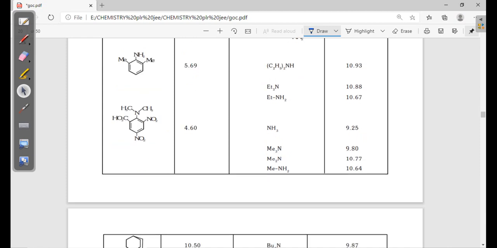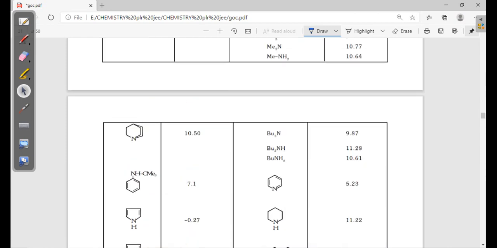Now here are a few examples. Nitrogen is there. This nitrogen is attached to tertiary butyl. Here normal carbons, this is having only 5.23, it has 7.1.